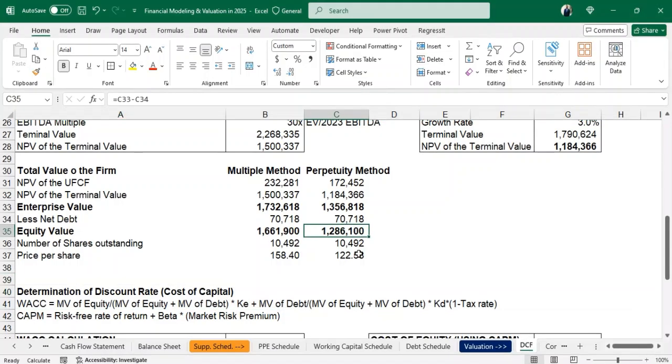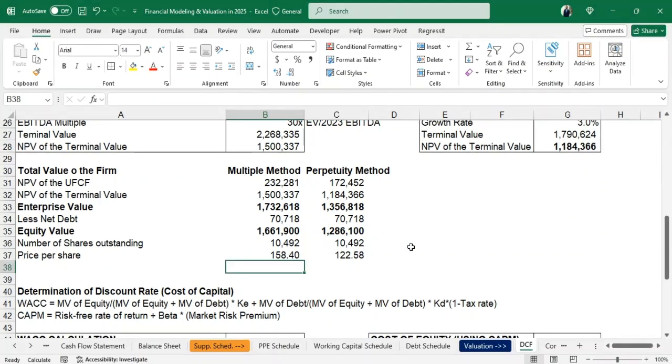It is therefore recommended to run the two methods always and compare the resulting terminal values. Now, if you do that and the value you have obtained under the multiple method is much higher than the perpetuity method, which we have in this particular scenario, then maybe the markets are overvalued, or maybe the cash flow projections are too low.